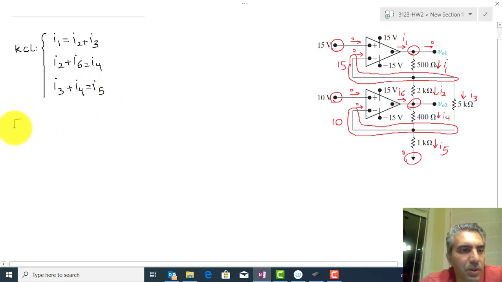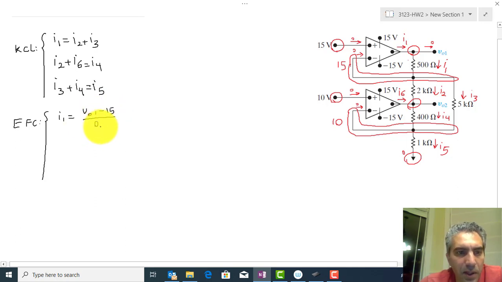So now equations for components. We have a total of 1, 2, 3, 4, 5, 6, 7 components. We already wrote the equations for the op-amp, so equations for the resistors are left. So for the 500 ohm, I1 is equal to Vout1 minus 15 divided by the resistance value.